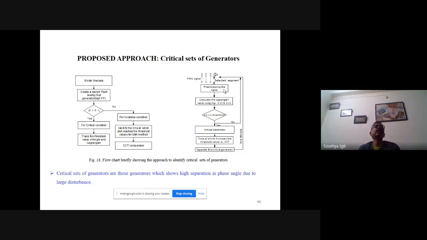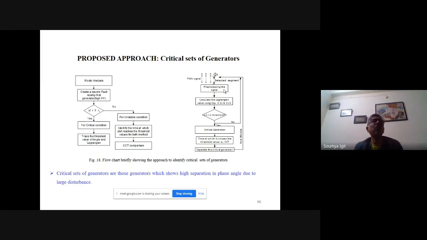Then you can go for the identification of the different critical set of generators, because your power network is now working at a stressed limit, and unless the critical generator is correctly identified, your stability limit, because ultimately your protection action, your stability, your control action, it works neck to neck.